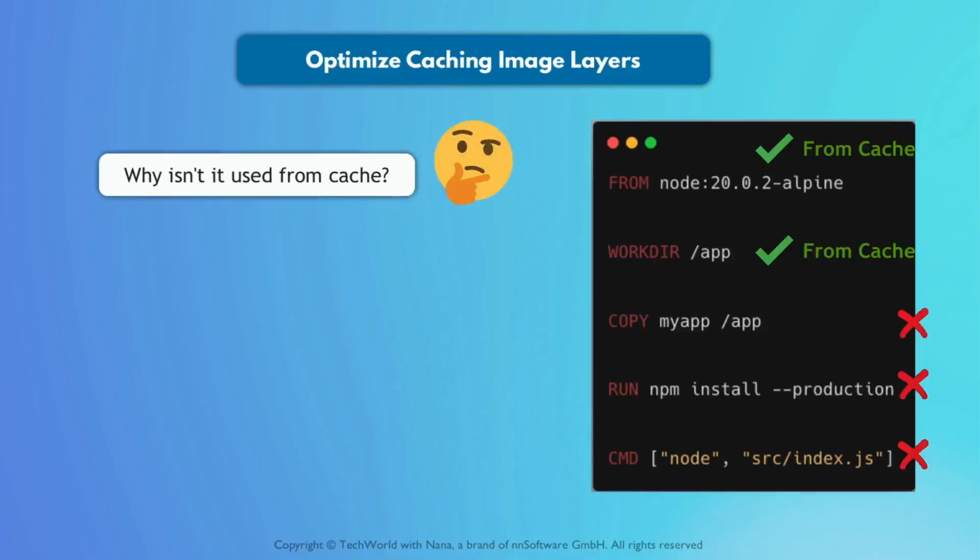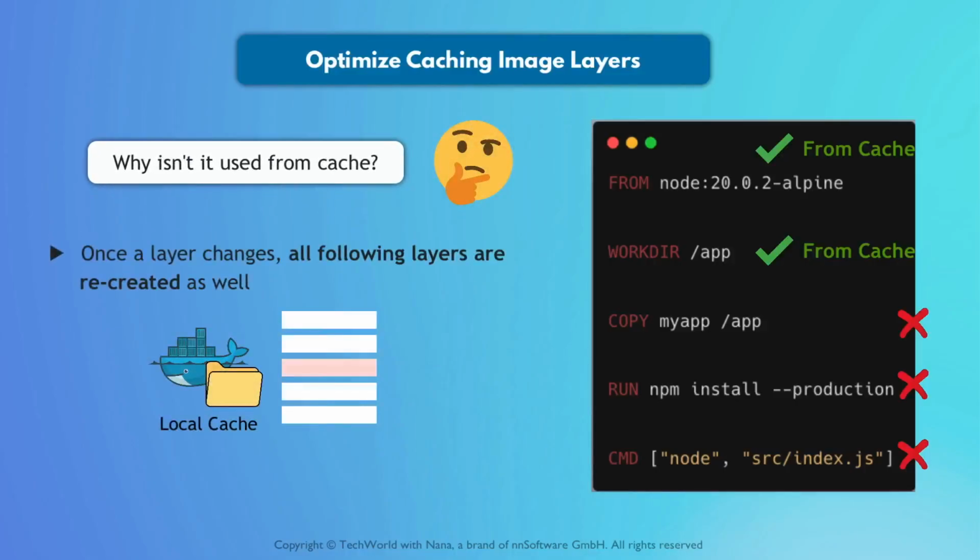Now, why is that? Why isn't it used from cache? Well, that's because once a layer changes, all the following or downstream layers have to be recreated as well. In other words, when you change the contents of one line in Docker file, caches of all the following lines or layers will be busted and invalidated, so each layer from that point will be rebuilt.